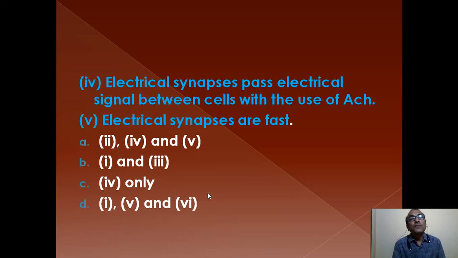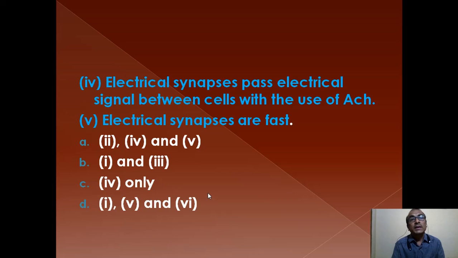The statement number 4 is electrical synapses pass electrical signals between cells with the use of ACh, that is acetylcholine. So this is a wrong statement, because when we say it is electrical synapse, there is no room for the neurotransmitter.